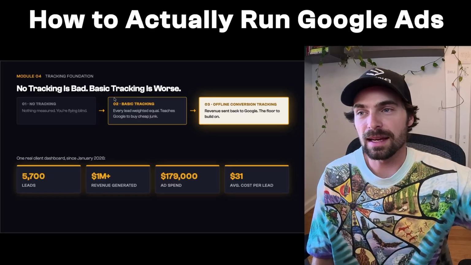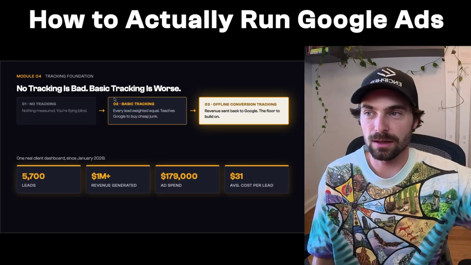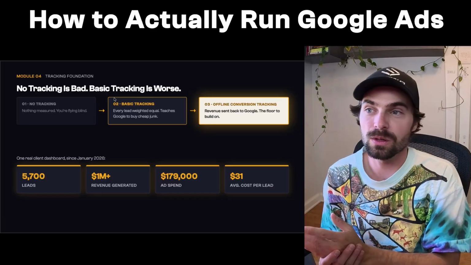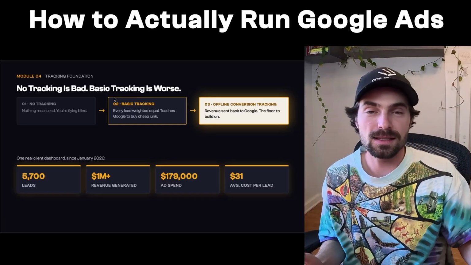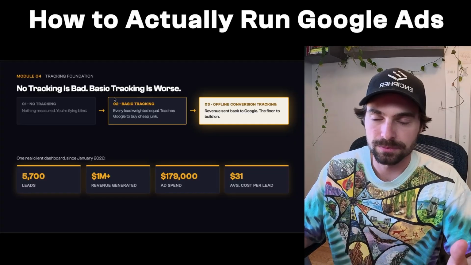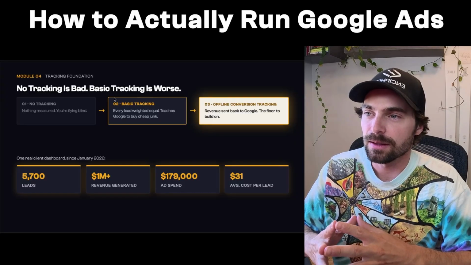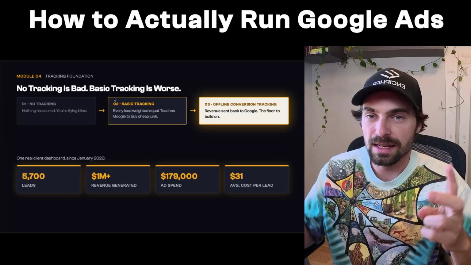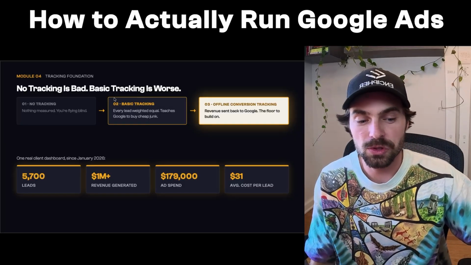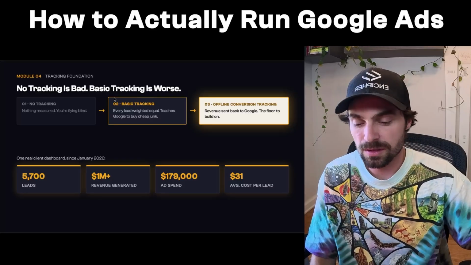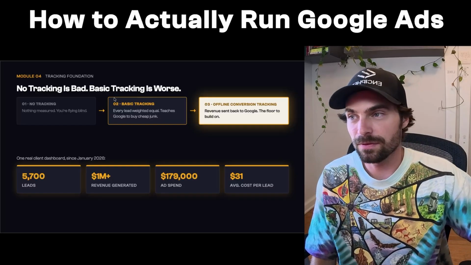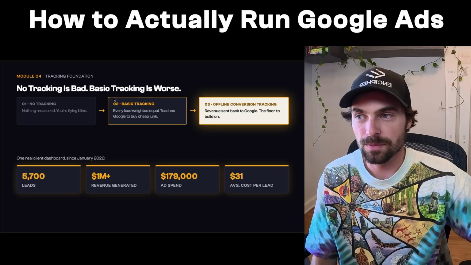And 3 is offline conversion tracking, which is when you are sending revenue values back to Google to go get more paying customers. Google Ads works off of what you tell it. If you say, hey Google Ads, my conversion action is somebody fills out a form, they land on a thank you page, go get more form fillers, Google's going to find the cheapest possible junk it can find to fill out that form and land on your thank you page.